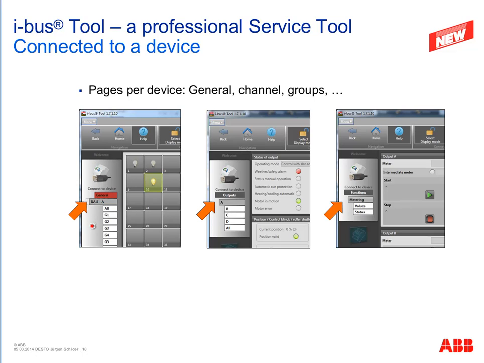On the left side here of the iBUS Tool we have some pages, and these pages depend on the KNX device. Now here for example I have a screenshot of a DALI gateway, and then I can see here the parameters or the pages of DALI for all channels, for the groups, or here the screenshot in the middle. This is from our shutter actuator.